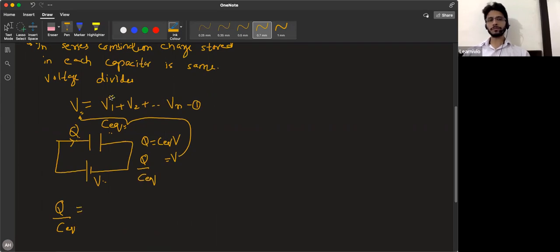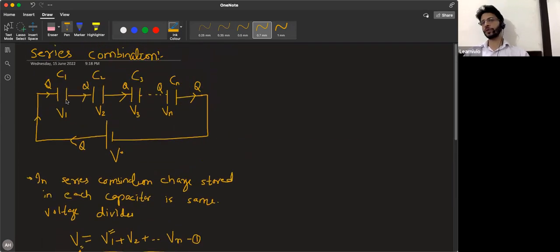See, this is V1. What is V1? V1 is the voltage across the first capacitor. Across the first capacitor, charge is Q and capacitance is C1. Can you express V1 in terms of Q and C1?